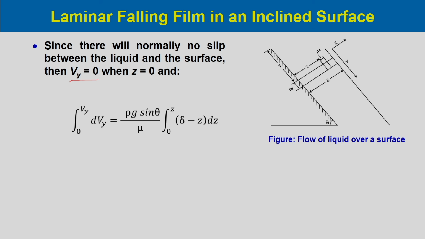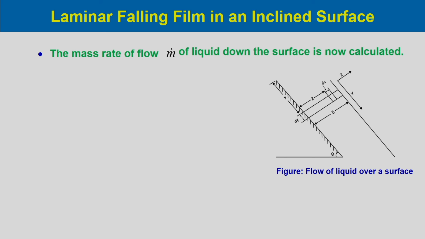If we integrate this relation, we get Vy equal to rho g sin theta divided by mu into (delta z minus 1/2 z squared). Now, we can calculate the mass rate of flow m dash of liquid down the surface, which is the integral from 0 to delta of rho g sin theta by mu W into (delta z minus 1/2 z squared) into rho dz.